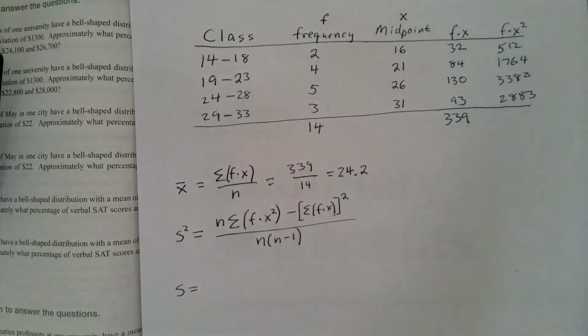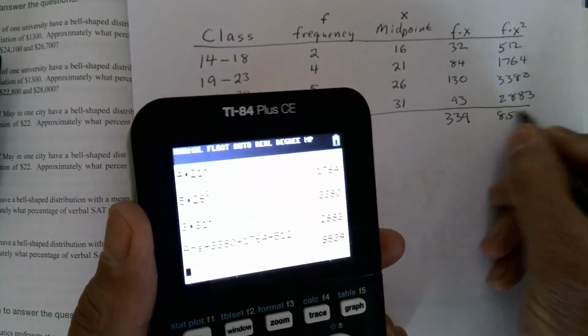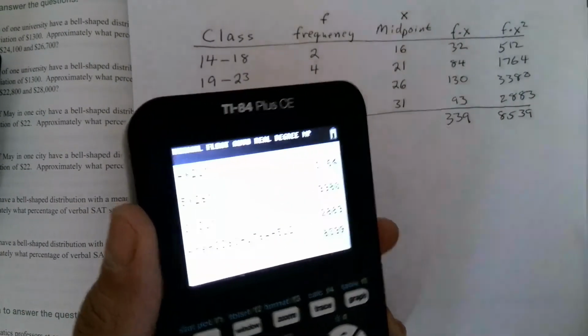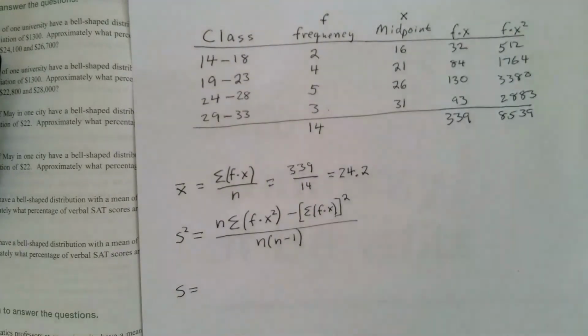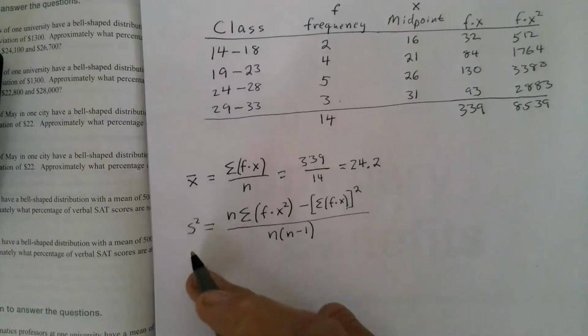Now I've multiplied across, I'm going to sum this new column. Okay, now I've completed the entire table. I'm ready to calculate the sample variance first.